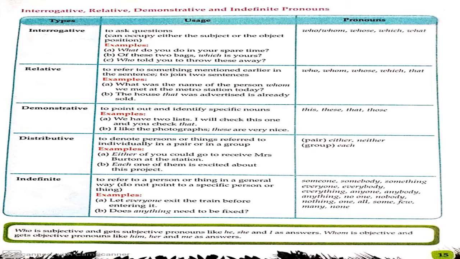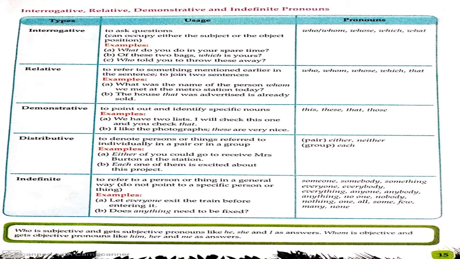Interrogative, what is the usage? To ask questions. So this can occupy either the subject or the object position. Okay, this interrogative pronouns can occupy either the subject or the object position.